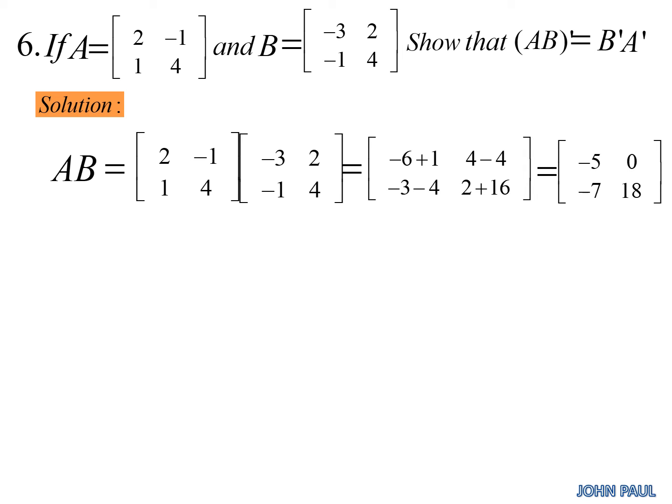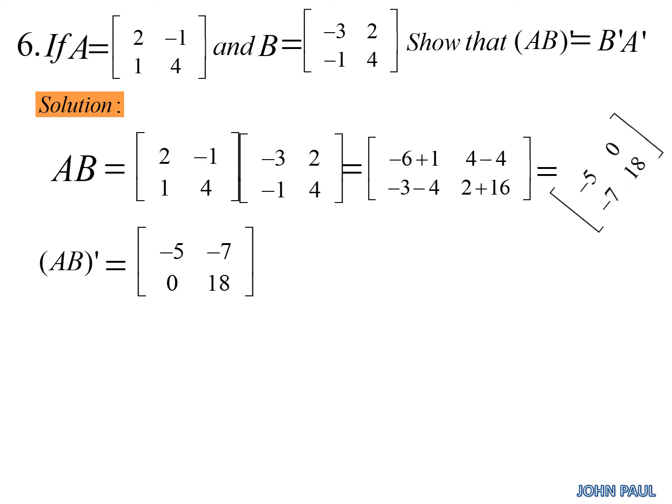AB equals minus 5, 0, minus 7, 18. AB transpose equals, now by changing the rows to columns, AB transpose is minus 5, minus 7, 0, 18.